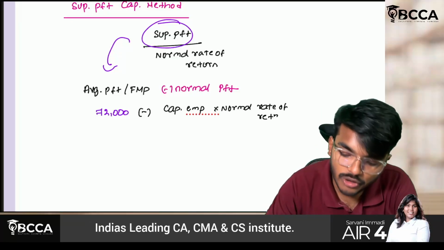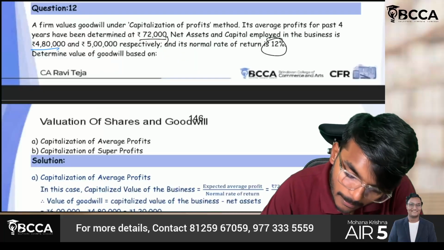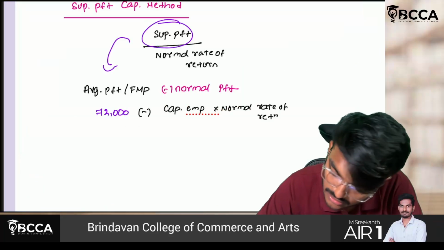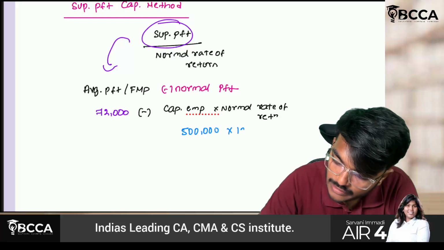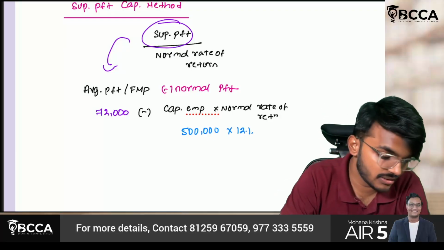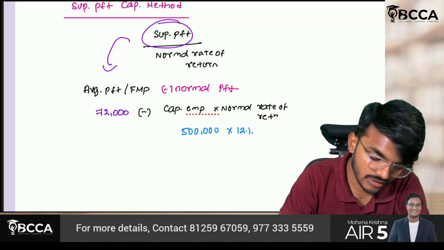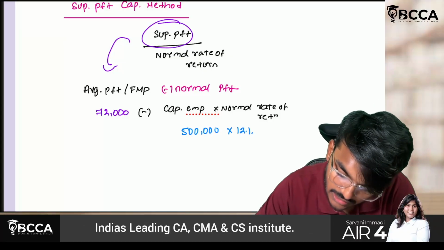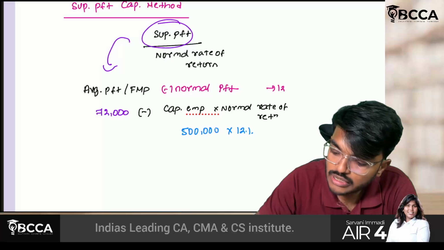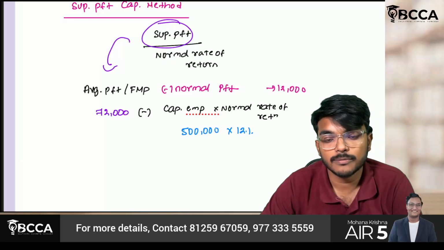Here you have to take the capital employed, which is 5 lakh. So 5 lakh into 12%, and if you deduct that, you will get 12,000 as super profit.